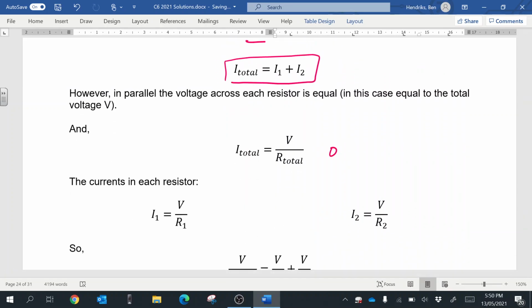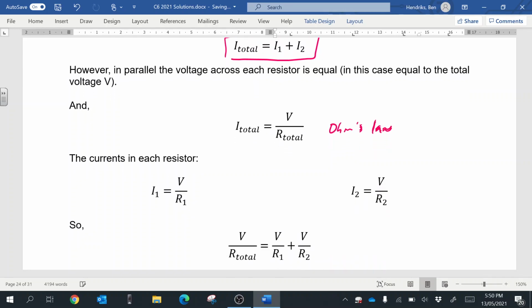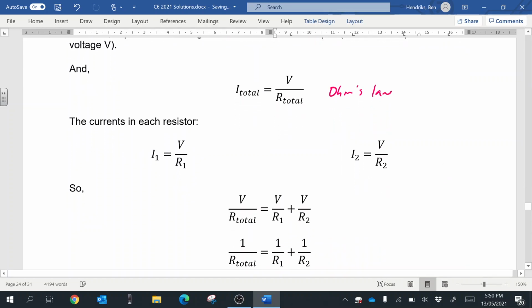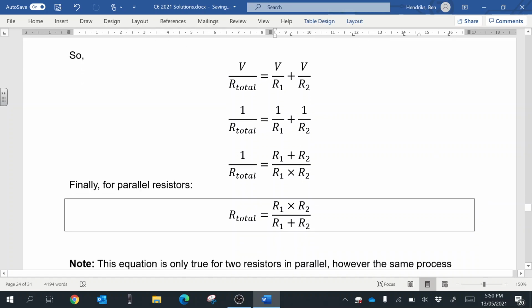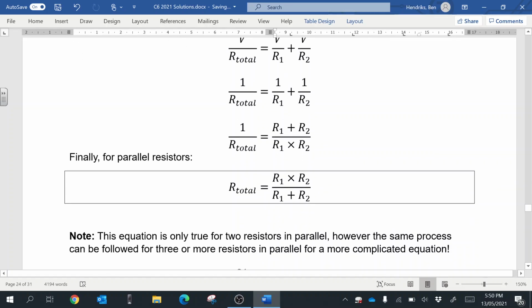And again, Ohm's law holds for this total circuit, and also across each component as well. If we go through the process, we can work out the total resistance, but the note down there says this is only for two resistors.